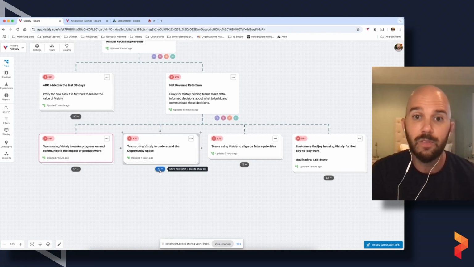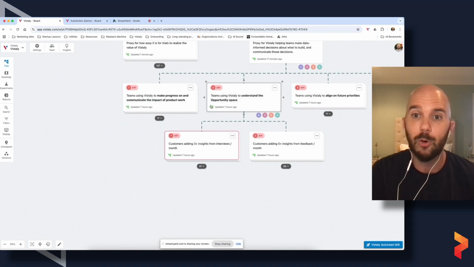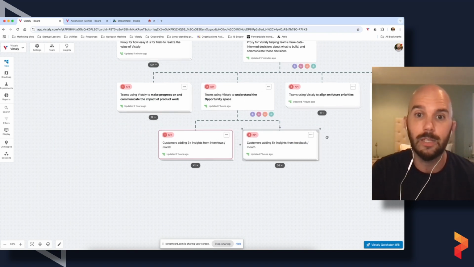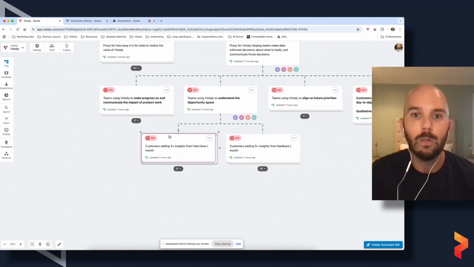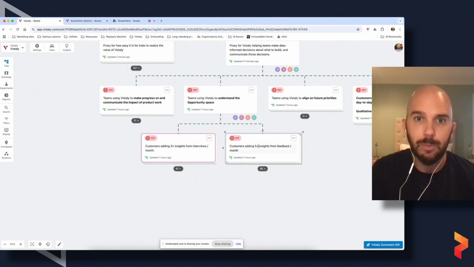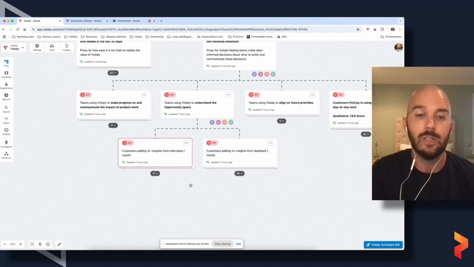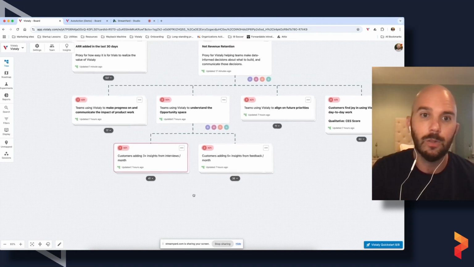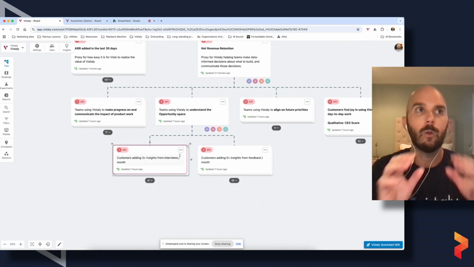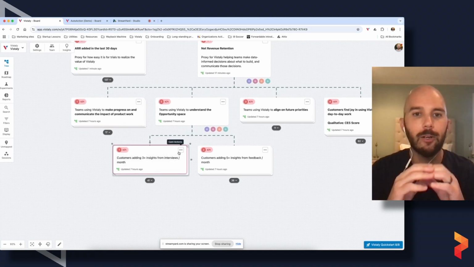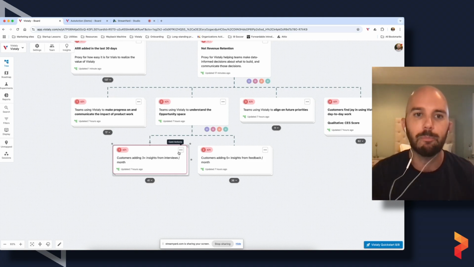We've taken this and broken it down even further into more leading points of value, or inputs into this. And you can go through this exercise yourself and think about, for your own company, how these bigger metrics ultimately break down into smaller, more tangible things.